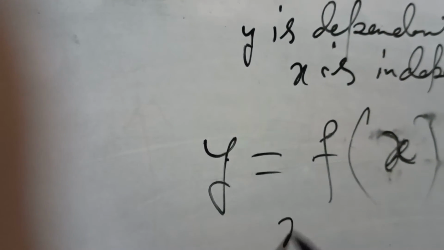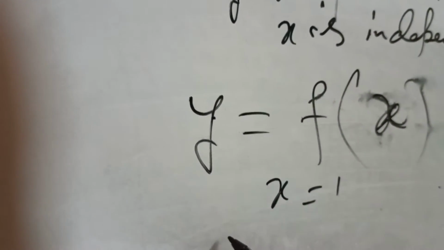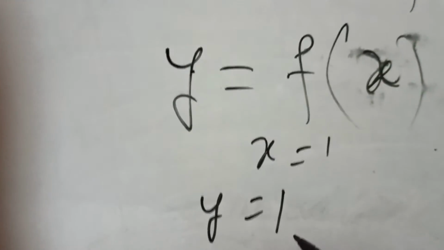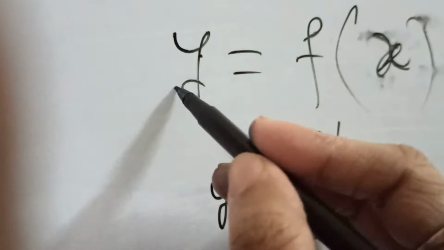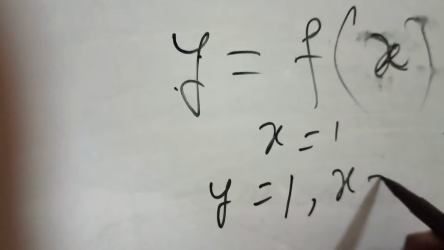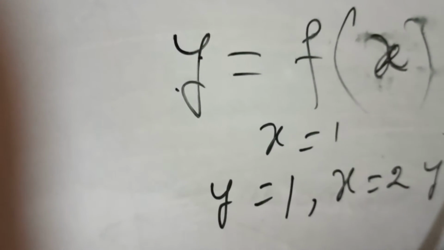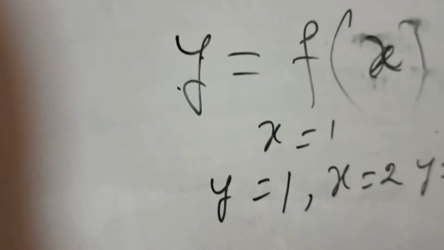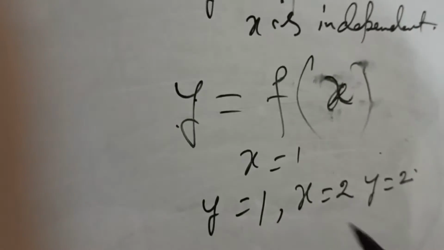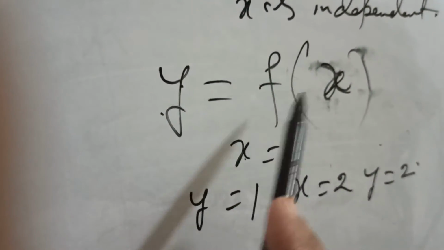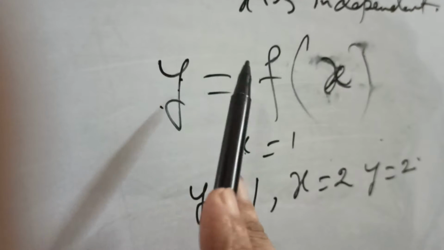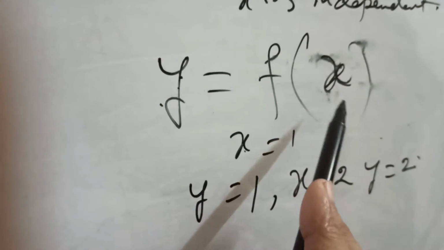Say x equal to 1, then y equal to 1. If x equal to 2, then y equal to 2. Okay, so x is the independent variable and y's value is dependent upon x.